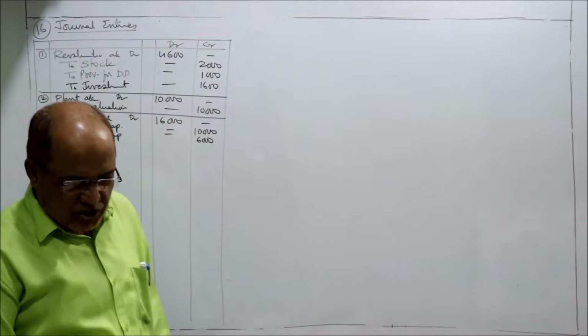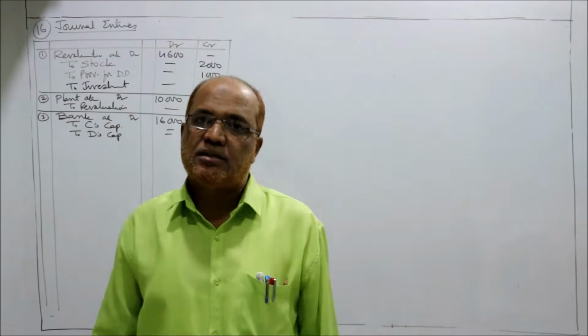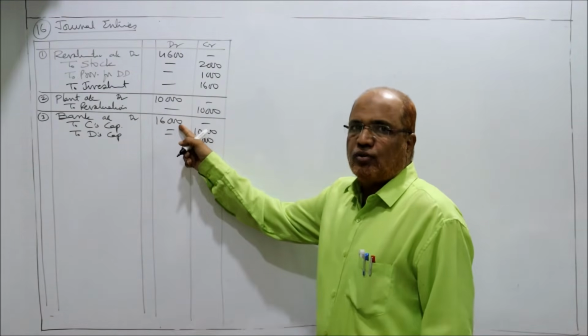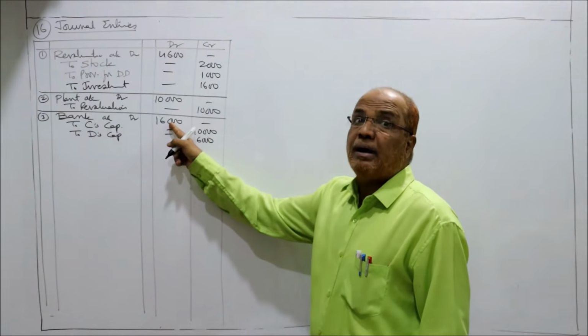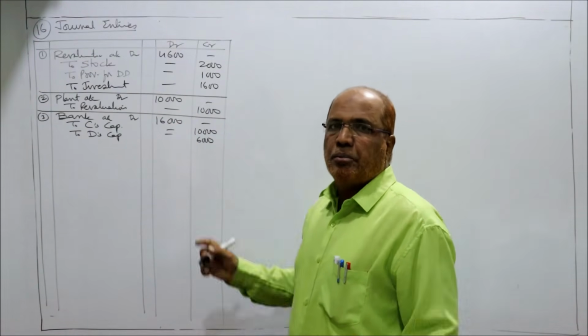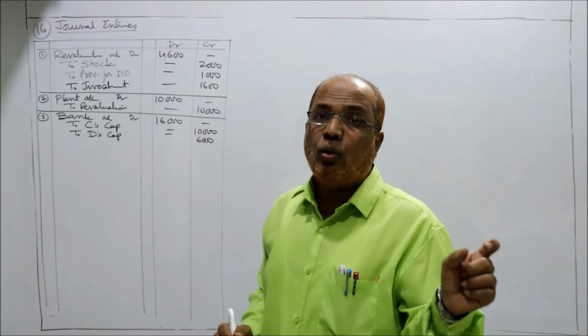What is the old profit sharing ratio? Old profit sharing ratio is 5/8, 3/8. So 16,000 into 5/8, 10,000. 16,000 into 3/8, 6,000. Being the goodwill shared by old partners in old ratio.